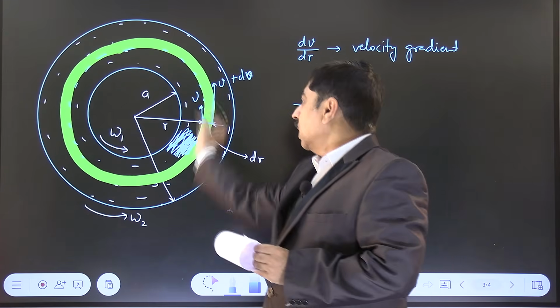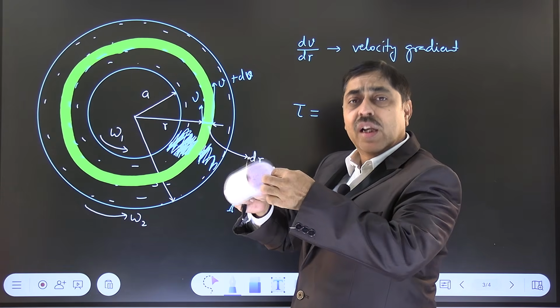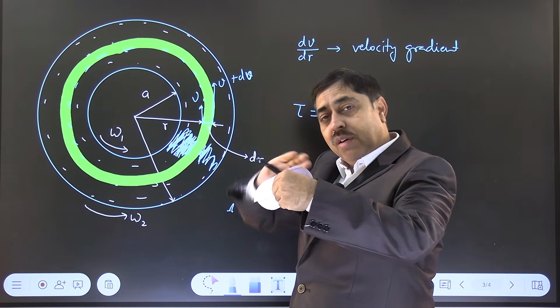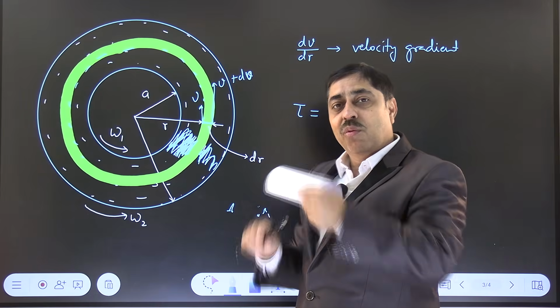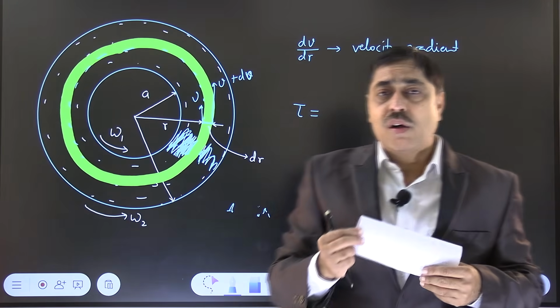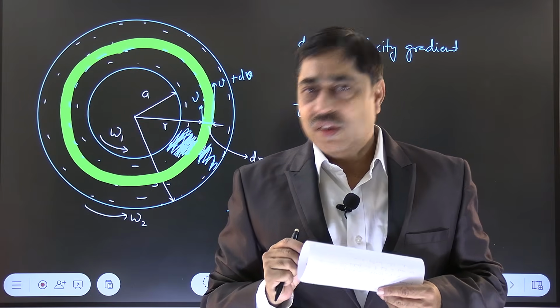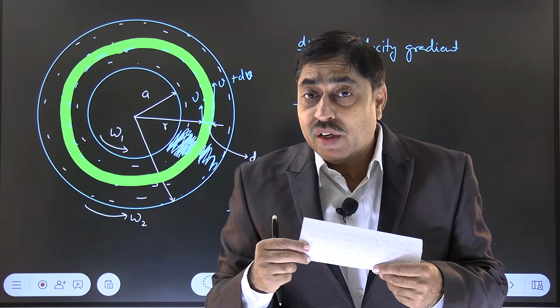So, this moving, rotating layer of liquid is experiencing an inward torque, a torque due to inside liquid as well as torque due to outside liquid. These torques are slightly different. Is it? In general, they could be different. But are they different here in this case?